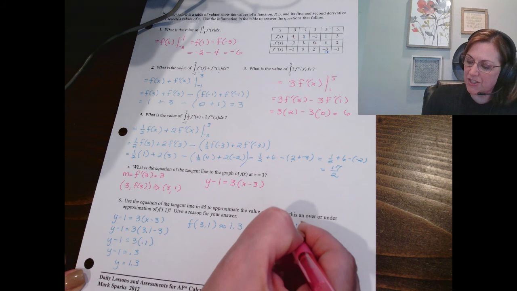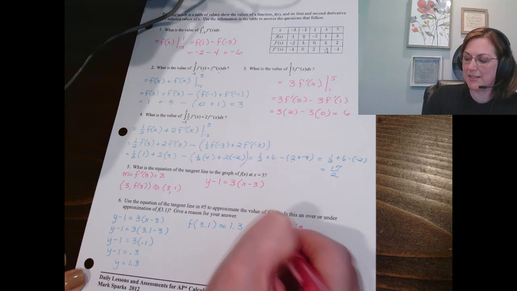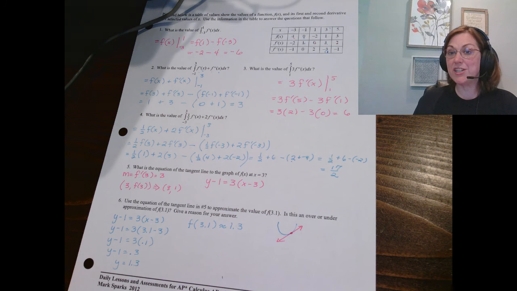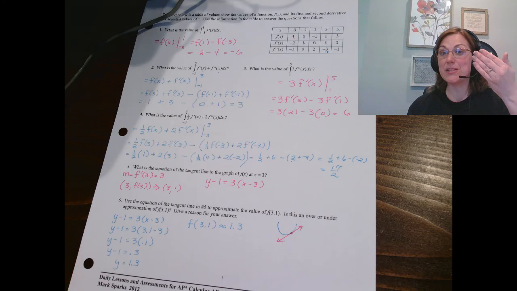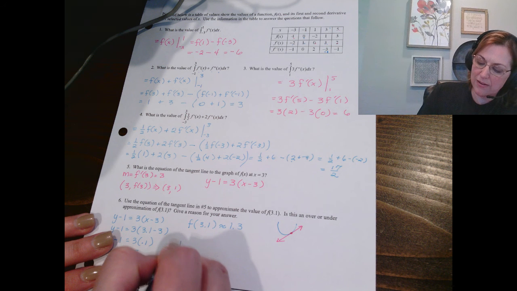So if you have a tangent line that you are using to approximate a value on the curve, which is higher, the curve value or the tangent line value? The tangent line value is lower, so that means the curve is higher. That means that our tangent line is an overestimate.